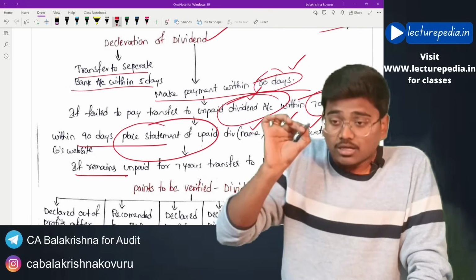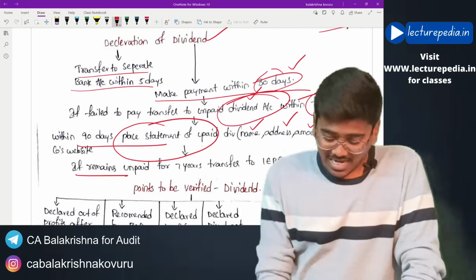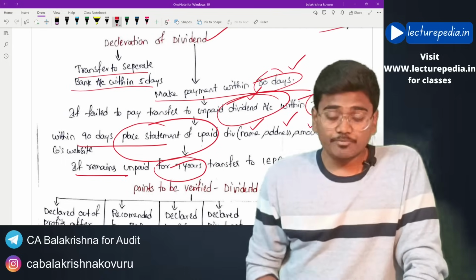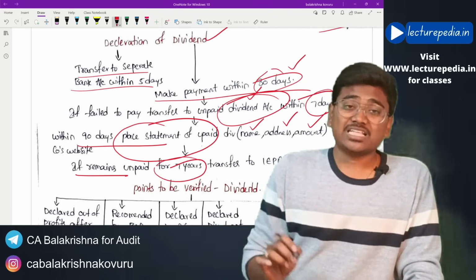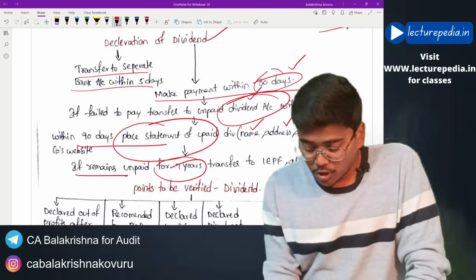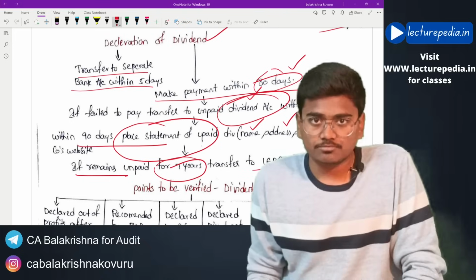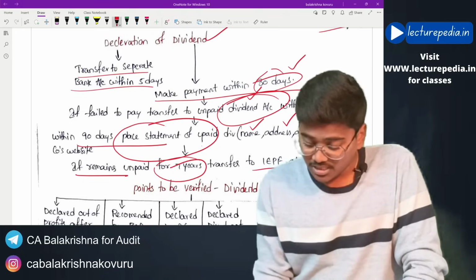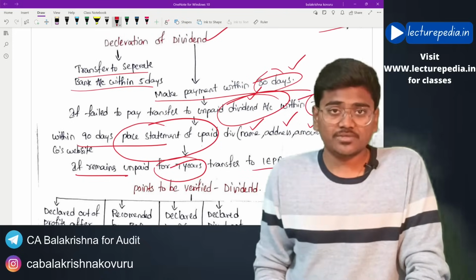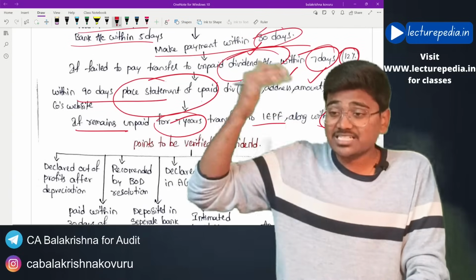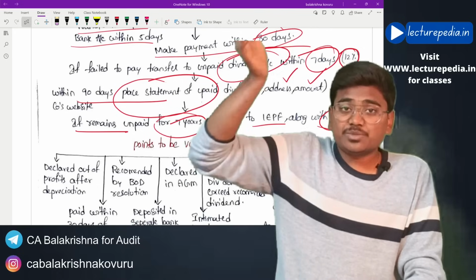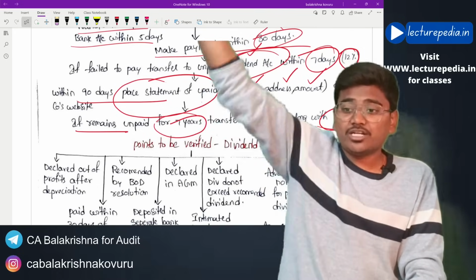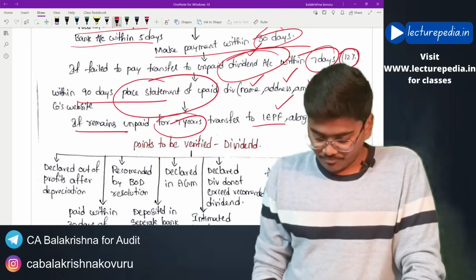If the amount of dividend remains unpaid for a period of 7 years, then that amount has to be transferred from the unpaid dividend account to the IEPF, Investor Education and Protection Fund, along with the shares. Even the shares on which dividend has been unclaimed have to be transferred into the name of the IEPF account.